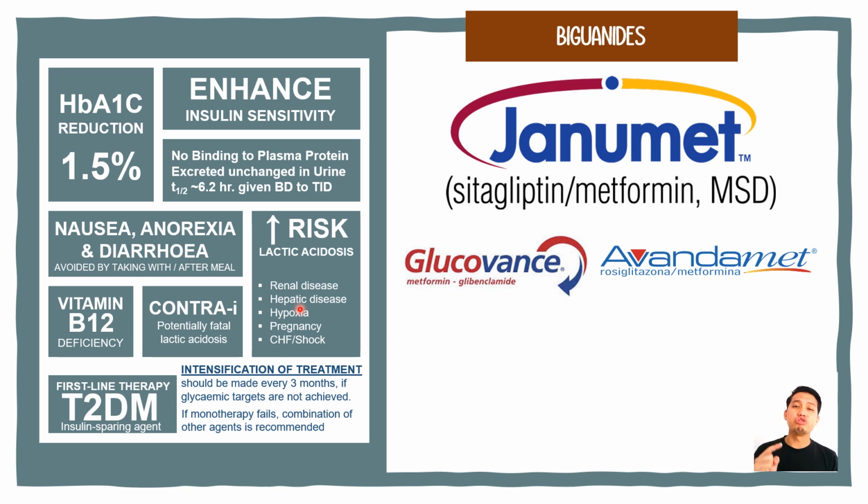Hence, this drug should not be prescribed to patients with renal disease, hepatic disease, hypoxia, and CHF or shock, because these patients are predisposed to lactic acidosis because of reduced drug elimination or reduced tissue oxygenation. Patients who have end-stage kidney failure are not recommended to take metformin. It is because metformin is excreted 100% through the urine.